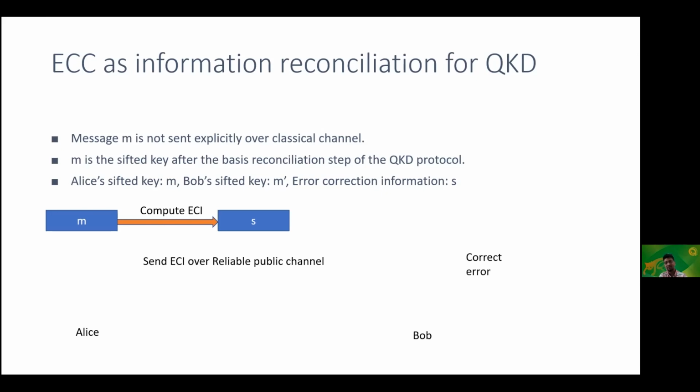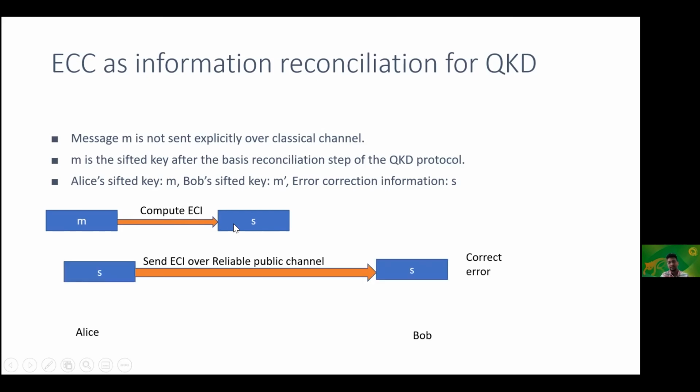So in QKD, what we do is a different kind of error correction, which is called syndrome based. You have a message which has some error. You compute using some function the error correction information, called the syndrome, and then you send the syndrome from Alice to Bob.